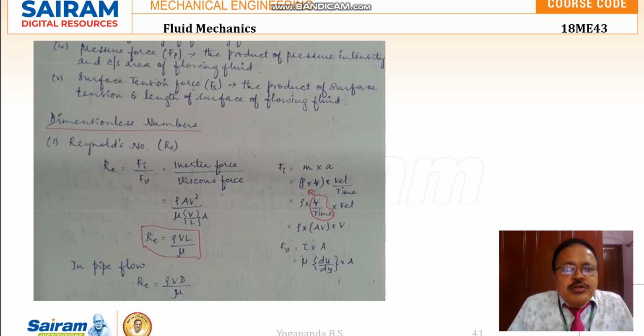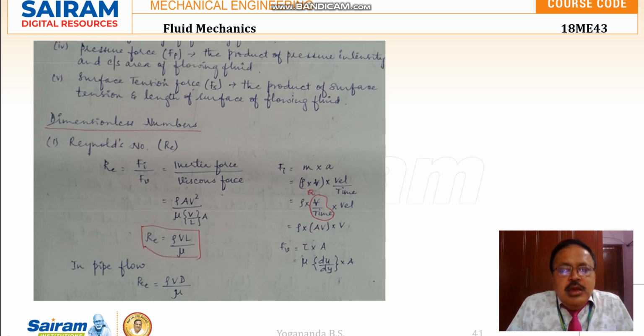Inertia force is the product of mass into acceleration, where mass is written as density into volume, because density is equal to mass by volume. So mass is density into volume into acceleration, velocity by time taken, V by T. Just rearranging the terms, we have density into volume by time.